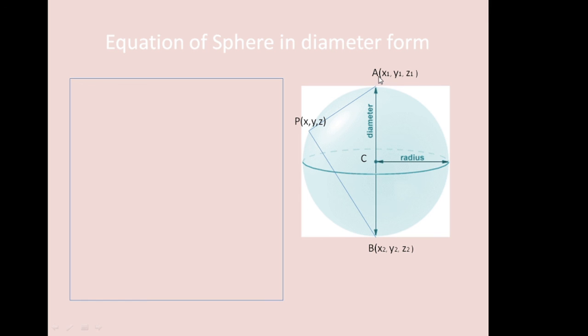Then join and complete the triangle APB. So this triangle APB is a right angle triangle. To find the equation of sphere in diameter form, we require the DRs of these two lines AP and BP.